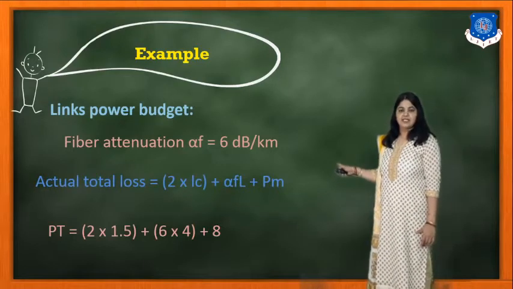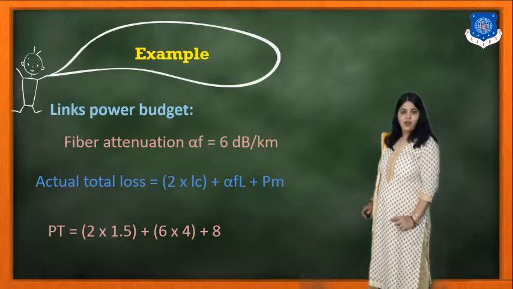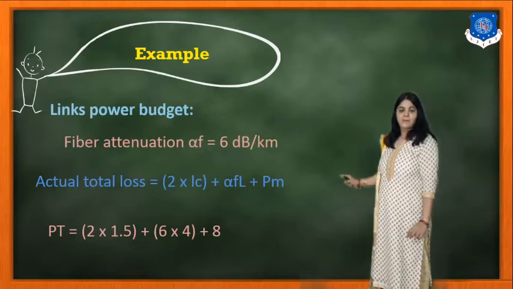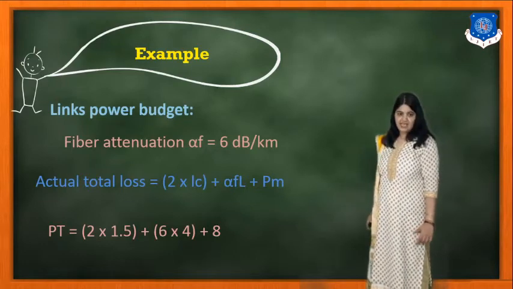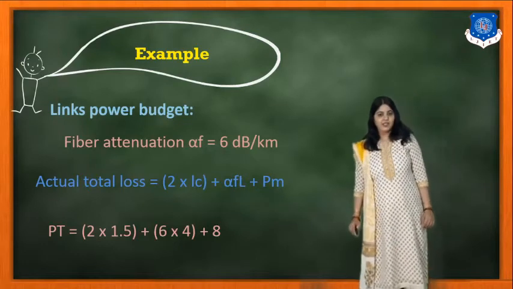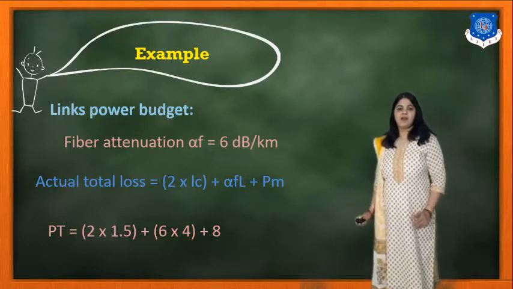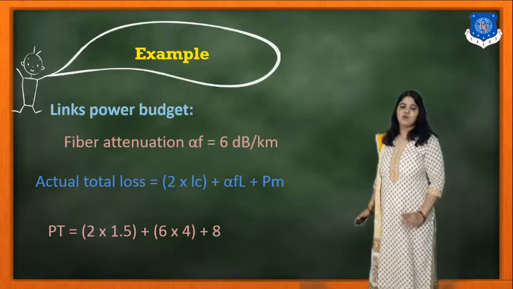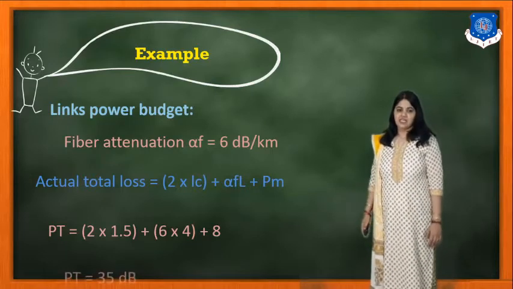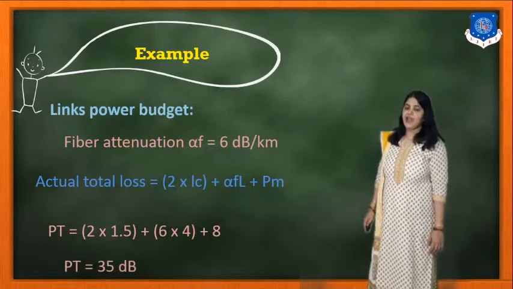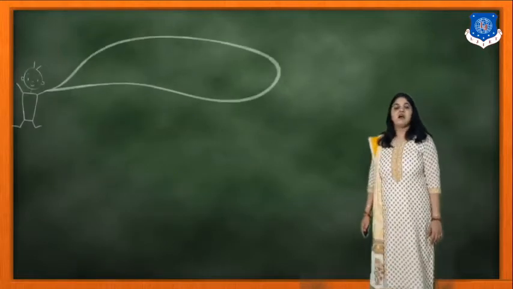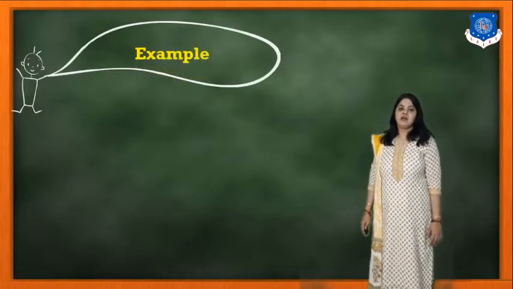The actual total loss is a combination of all: 2 into LC plus alpha F L plus PM. Putting the values in the equation, PT is equal to 2 multiplied by 1.5 plus 6 multiplied by 4 plus 8. So it is 35 dB. This is the answer, 35 dB.